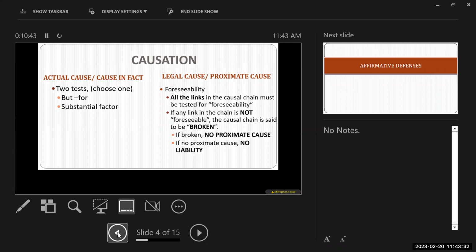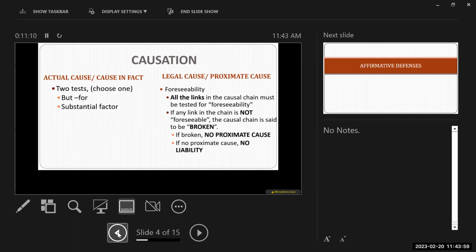So ultimately, me dumping is the proximate cause because all of the links in the chain were foreseeable. If all the links in the chain aren't foreseeable, then the causal link is broken.